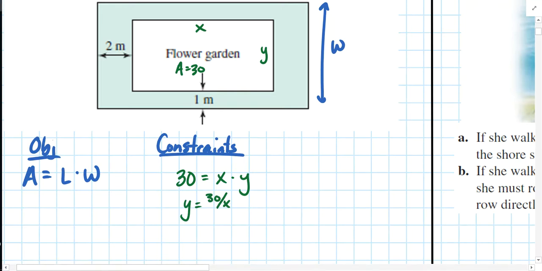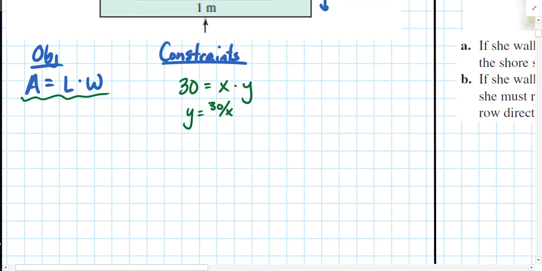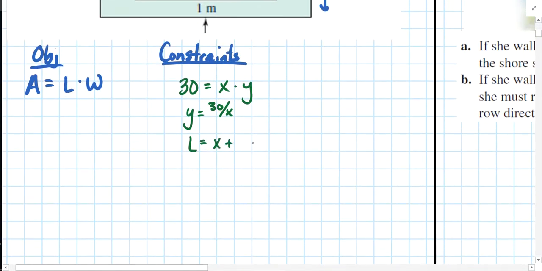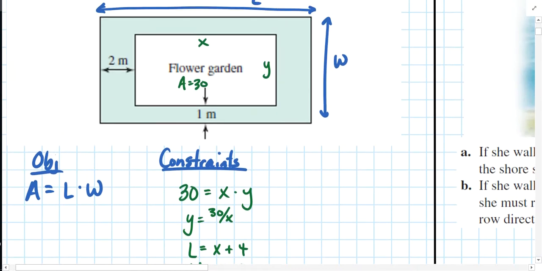But let's also recognize something here. Our objective function was not written in terms of x and y. Instead, we had used L and W. So in addition to this constraint function, we might want to note that the length of the total area is equal to whatever x was plus 4, and our width is whatever our y value was plus 2, because x plus 2 on either side makes x plus 4, and y plus 1 on either side makes y plus 2.